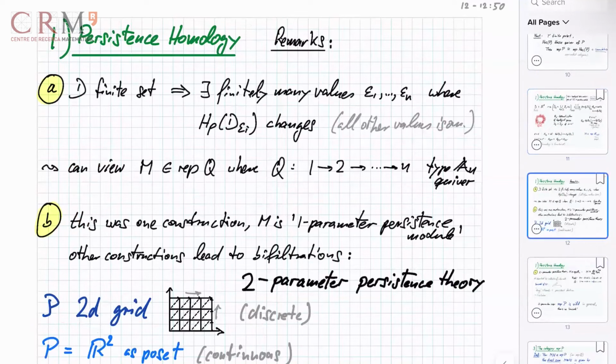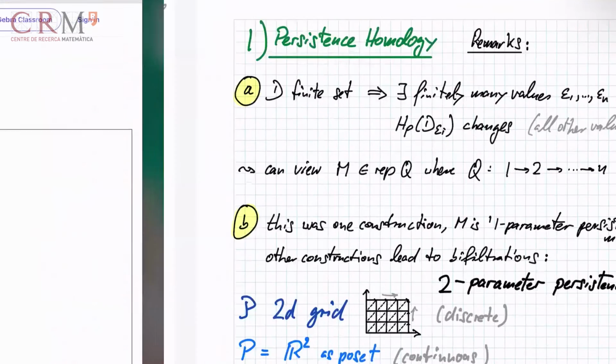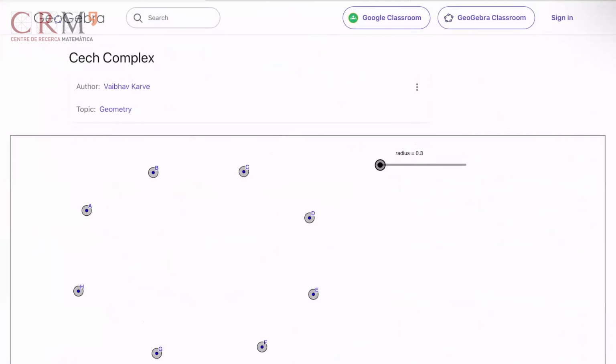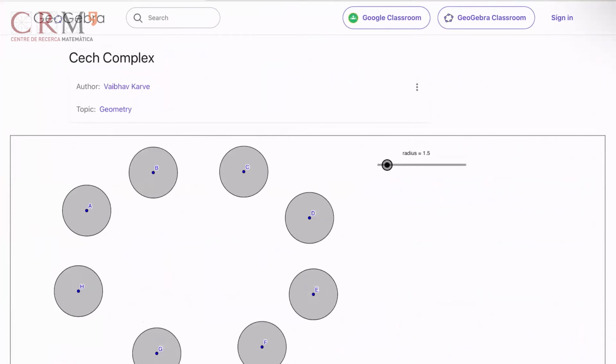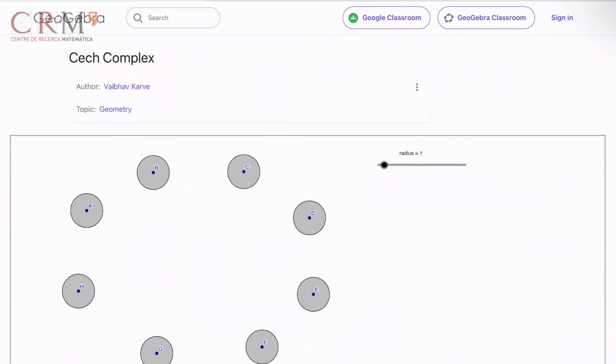Remarks. First thing, when we start with a finite data set D, there will be only finitely many values of epsilon where the homology is going to change. We have seen here that for most of the time I can change my radius, but no two components will merge, no circles will appear.